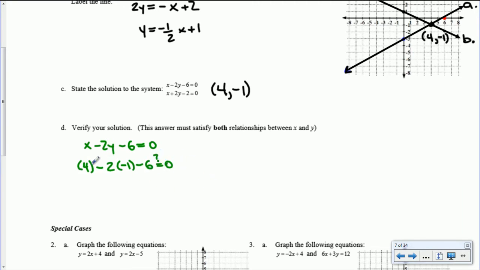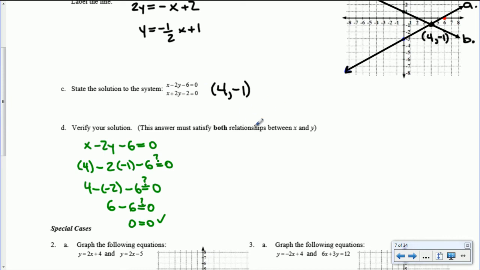That's what I would expect. So 4 subtract negative 2 minus 6 equals, hopefully, 0. So 4 subtract negative 2 is like 4 plus 2, which is 6. 6 minus 6, 0 equals 0, true statement.